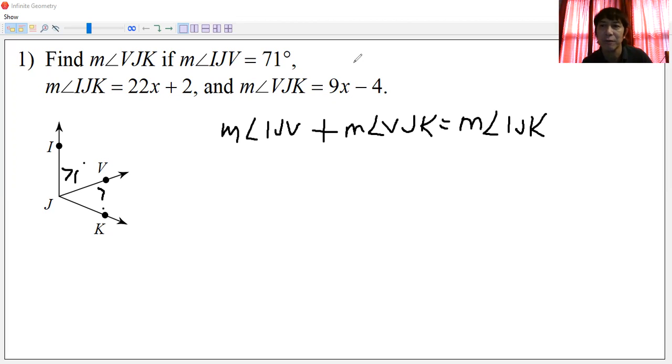Now, let us substitute the given expressions or numbers for these three angles.